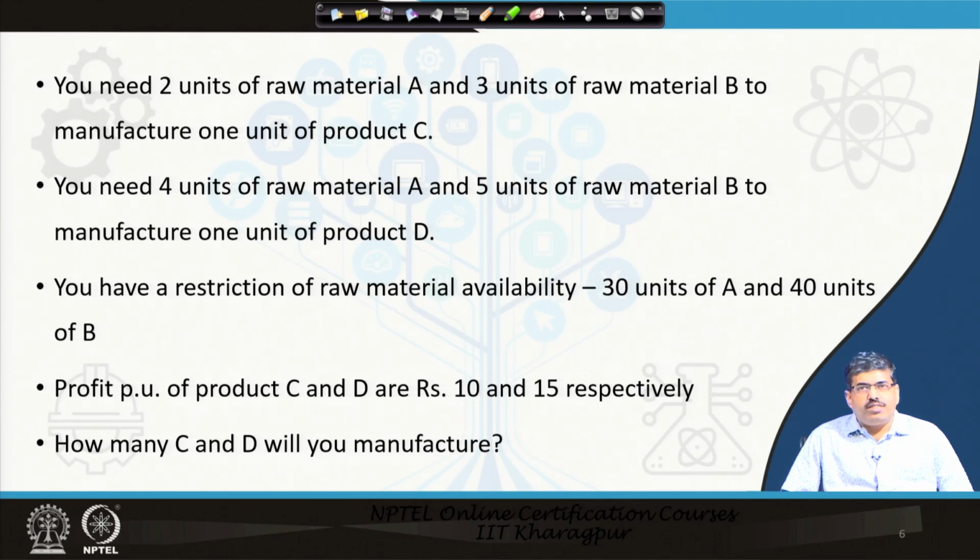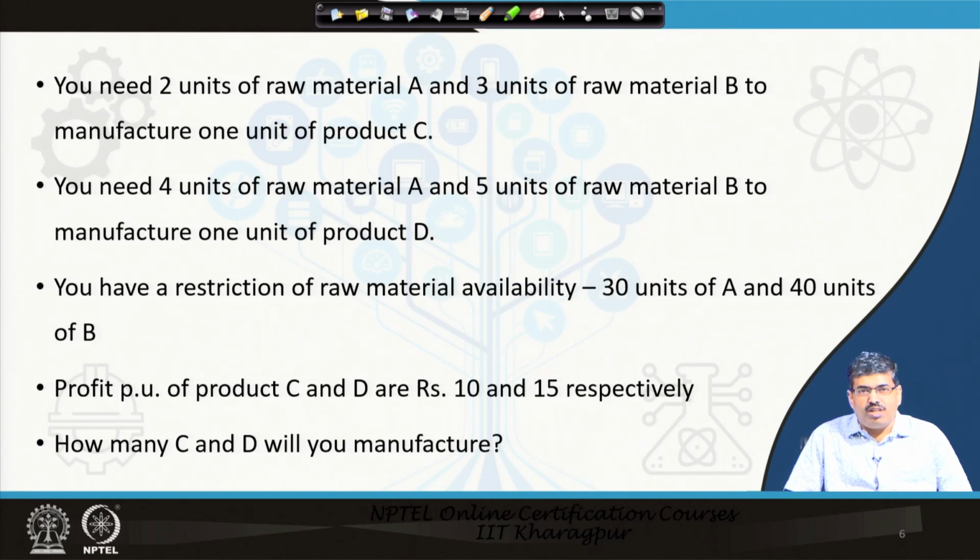Now, let us very carefully look through what is there on the screen. You need 2 units of raw material A and 3 units of raw material B to manufacture 1 unit of product C. Okay. This is very simple, just like when we clean our floor in our house. What do we do? We put some disinfectant in the water.